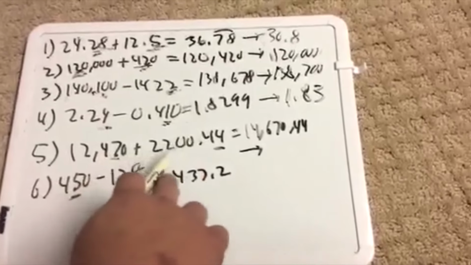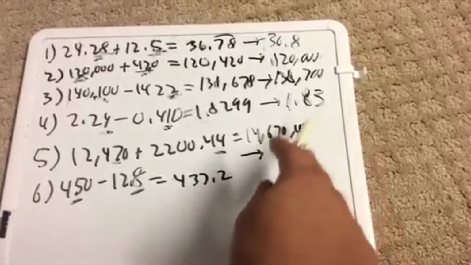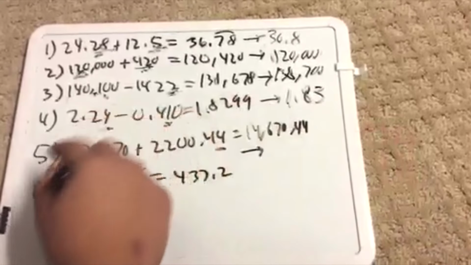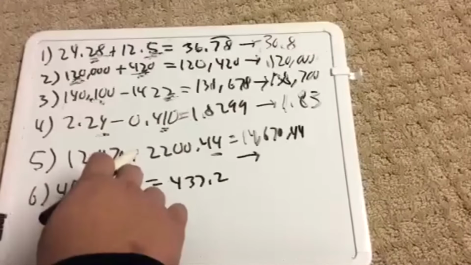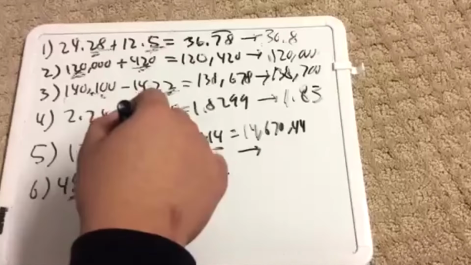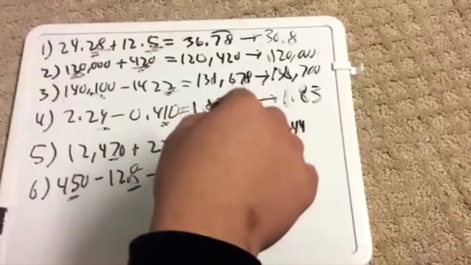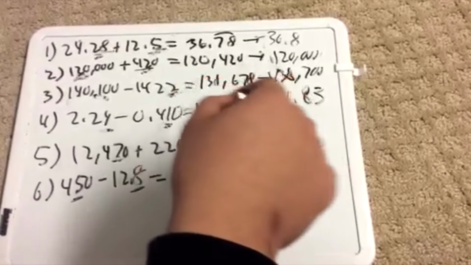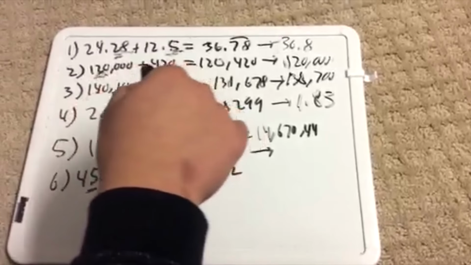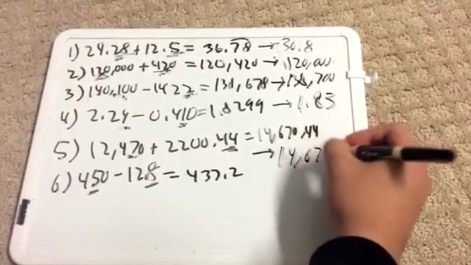So for number 5, we had 12,470 plus 2,200.44, which would come out to 14,670.44. So looking at 12,470, the 7 is the least specific and it is in the tens place, whereas for 2,200.44, the 4 is the least specific and it is in the hundredths place, so therefore we would round to the tens place, so that would be 14,670.